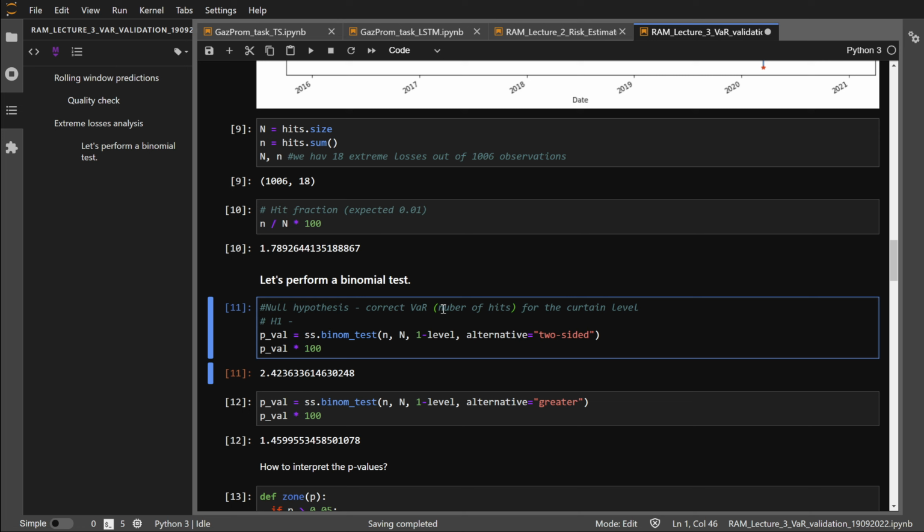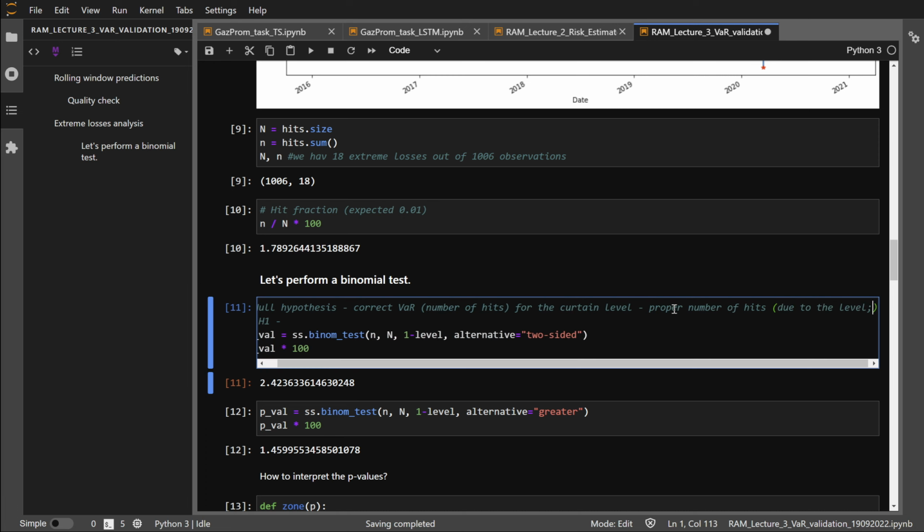So it's either significantly greater or significantly lower than 1%. It's just inconsistent with my perception of having estimates that should be hit with 1% probability.